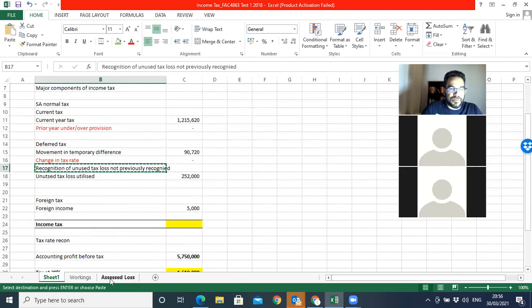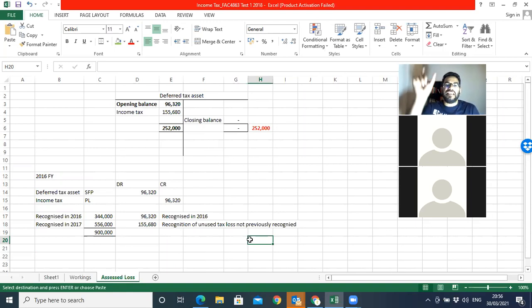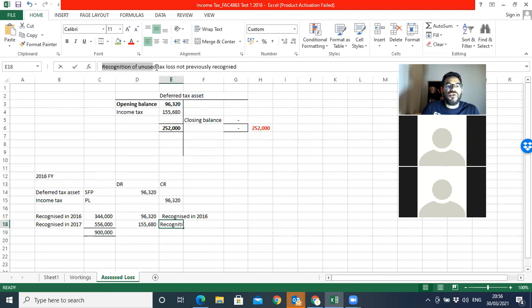Recognition of the, so you are recognizing in the current year the portion you did not recognize in the previous year. So here they're saying recognition of unused tax loss. So you're recognizing the portion that was not used relating to a previously assessed loss.